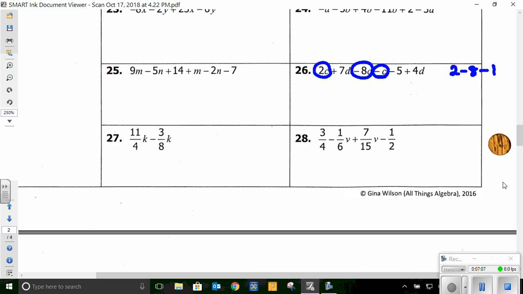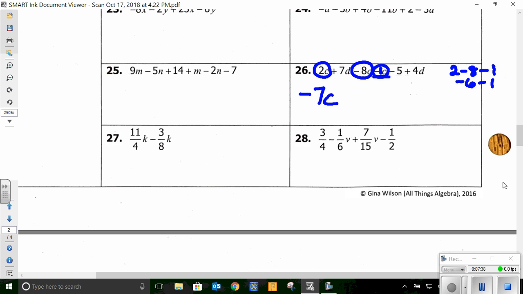Remember, this C right here has an imaginary 1 right in front of it. So that's like saying 1C, but in this case, it's a negative 1C. If it was plus C, it would be a positive 1. So this is the math I'm doing. 2 minus 8 gives me a negative 6, and then minus 1 gives me a negative 7. So far I have negative 7C. Don't forget the C, because remember that was our term with a variable of C.